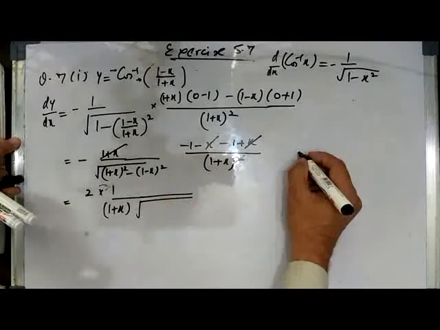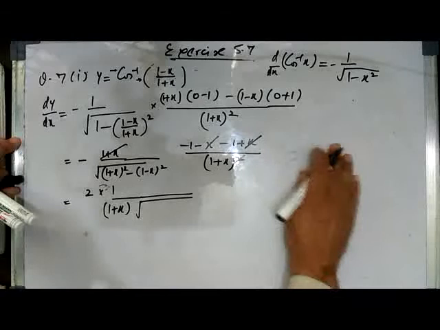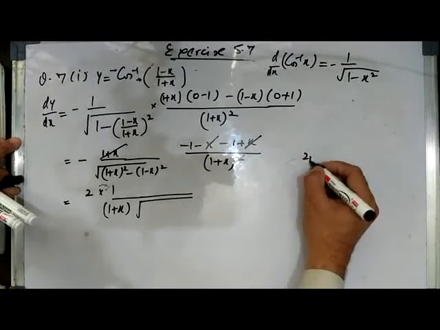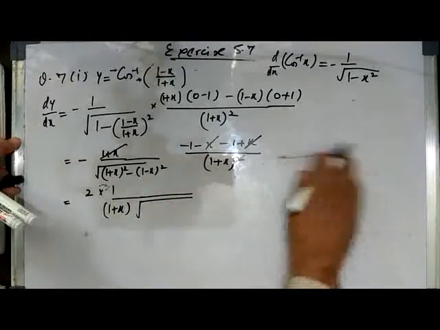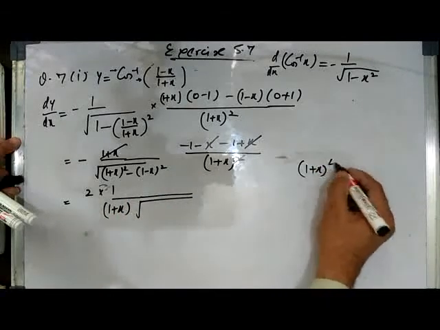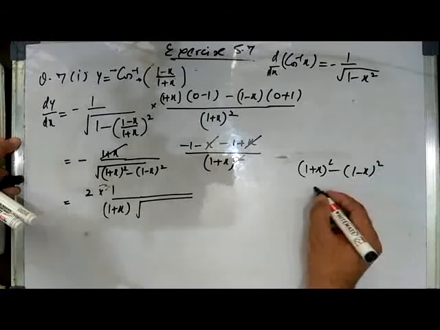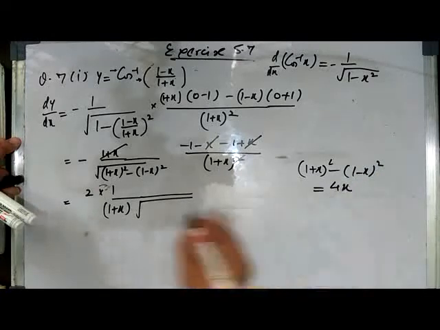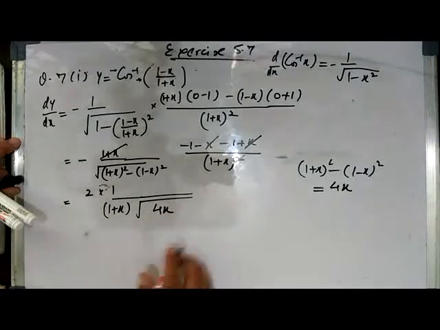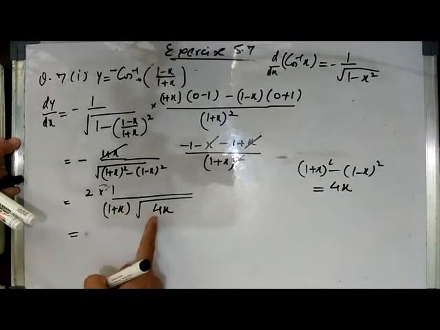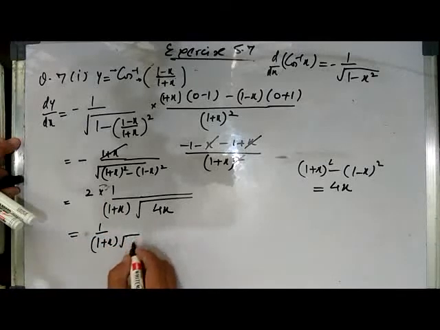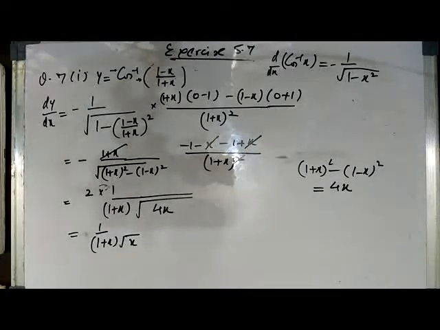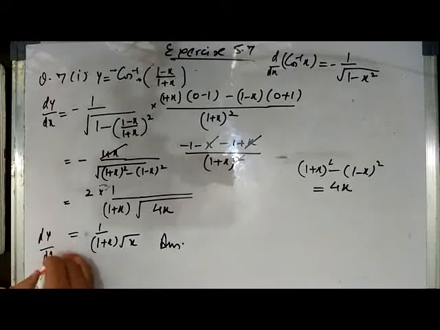When you simplify inside, it is nothing but 4x. Here when you simplify this, (1 plus x) whole square minus (1 minus x) whole square is going to be 4x. So square root of 4 will be 2, 2 gets cancelled from here. Then it is 1 plus x and root x. That was the answer of this question, dy/dx.